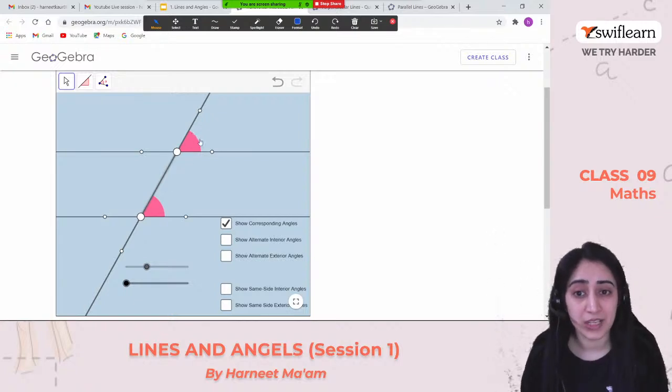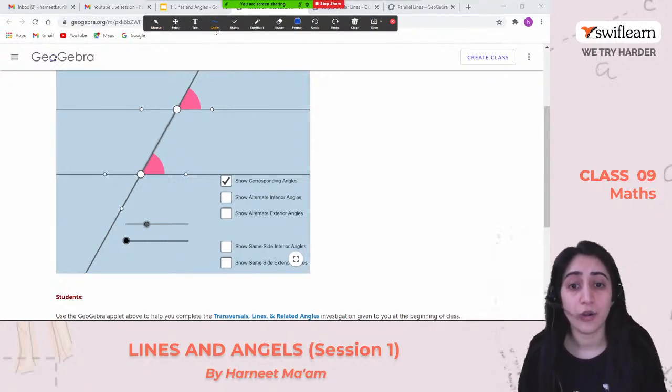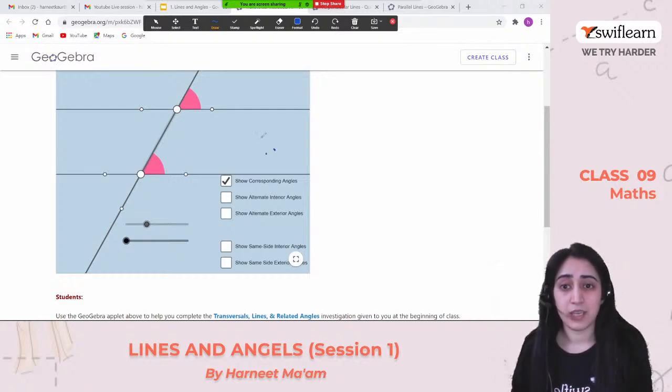Now these are the two angles that are formed. So what do we call these angles? We call them corresponding angles. See, this is an angle and this is an angle. So what are these two angles? We call these angles corresponding angles. Okay. So let me make a point.